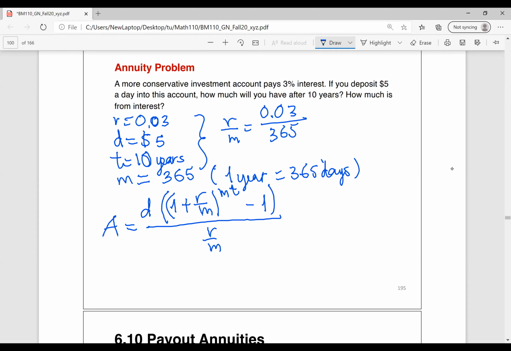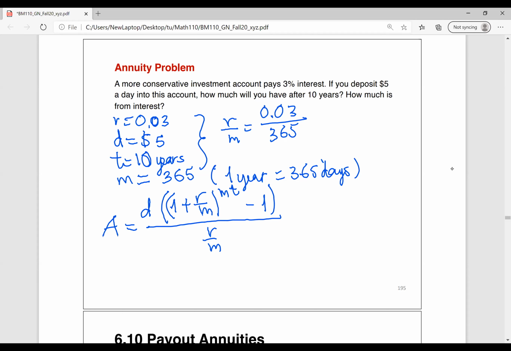If you use a calculator, you have a very small number, so I'm just going to keep it like that.